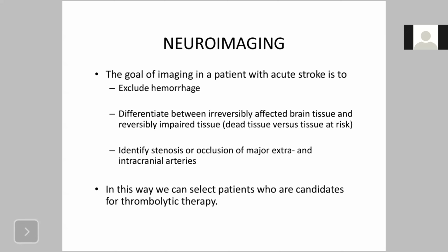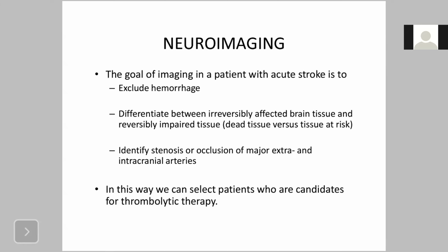Then differentiate between irreversibly affected brain tissue and reversibly impaired tissue. You have to identify the penumbra and umbra, and then you have to identify stenosis or occlusion of the major extra and intracranial arteries. Any artery which is blocked, where it is blocked, has to be identified on this neuroimaging technique. In this way, we can select patients who are candidates for thrombolytic therapy.